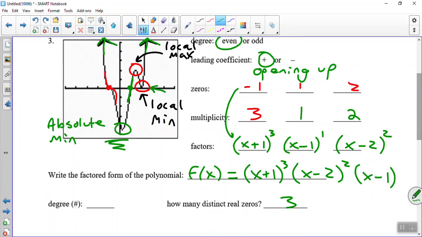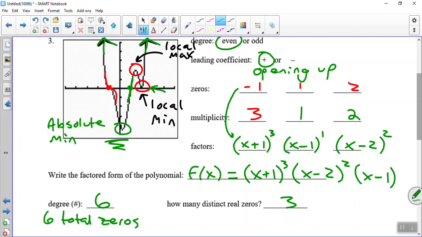A multiplicity of 1 is 1 zero. A multiplicity of 2 is 2 zeros. So we have 6 total zeros, which according to the fundamental theorem of algebra we did in the first lesson, means this is a 6th degree polynomial.